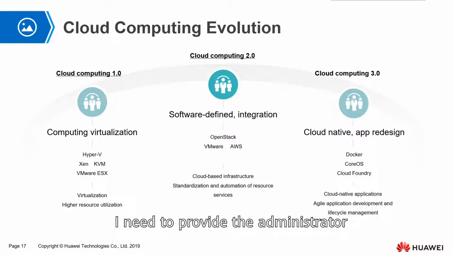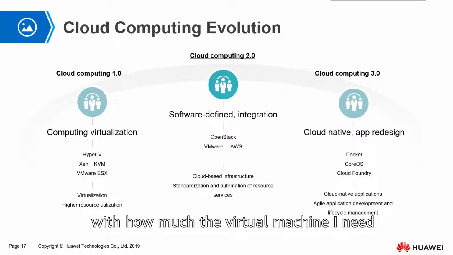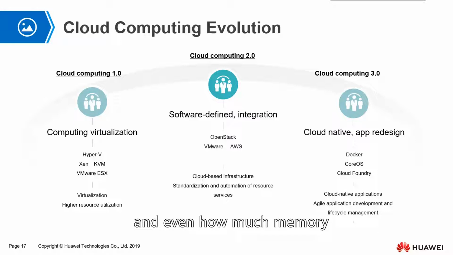I need to tell the administrator how many virtual machines I need, and even how much memory and how large the hard disk, and then the administrator manually creates the virtual machine. If a company is big enough, this is very inefficient and time wasting. This is why we entered the 2.0 era of cloud computing.